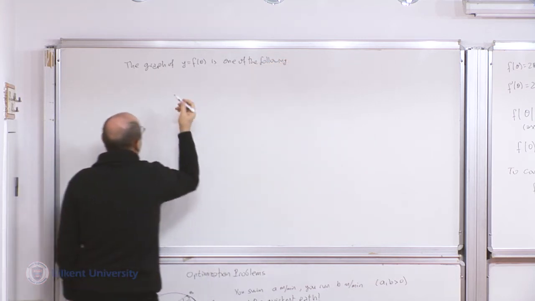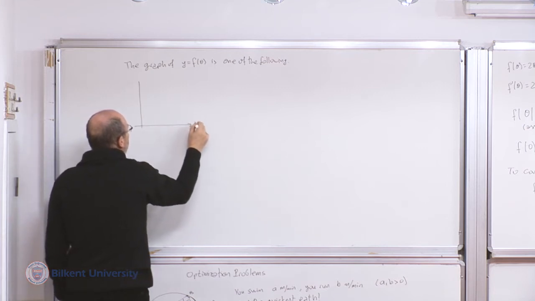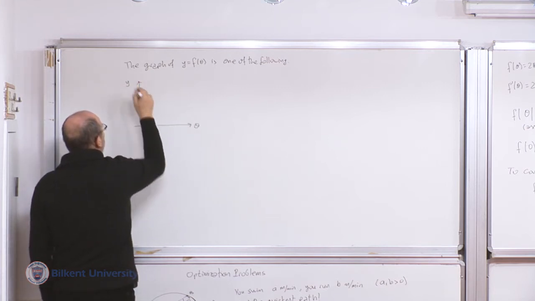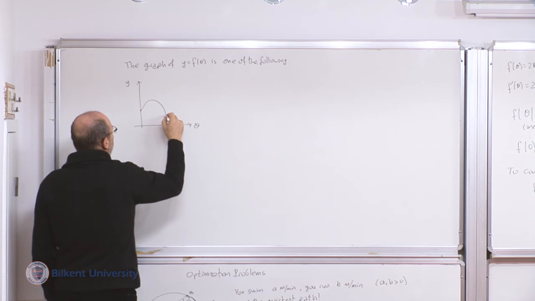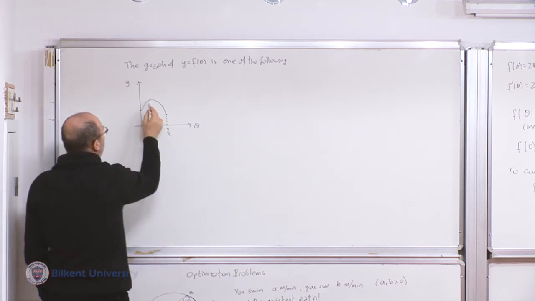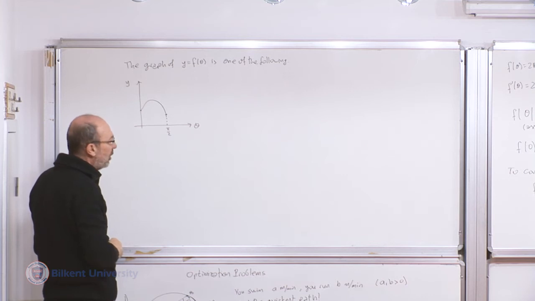Roughly speaking, this is theta, this is y, and you see it starts from some point, it goes like this, and it ends here. This is pi over 2. The critical point is here, and now the minimum point is at the end point.